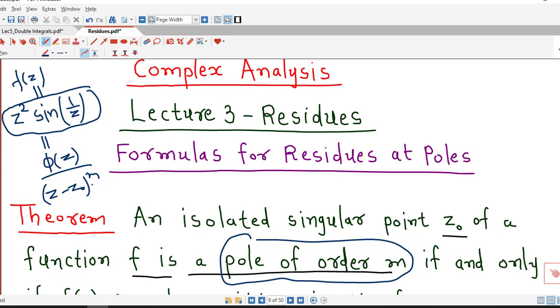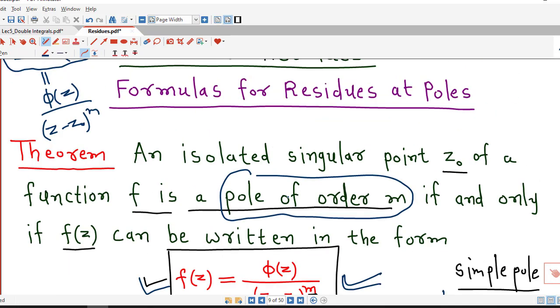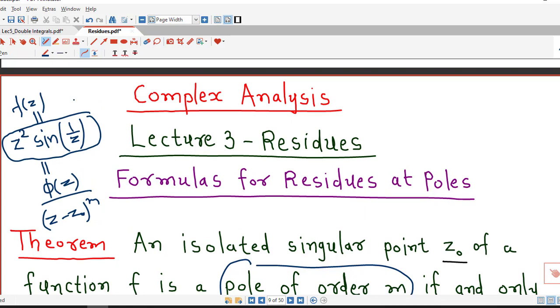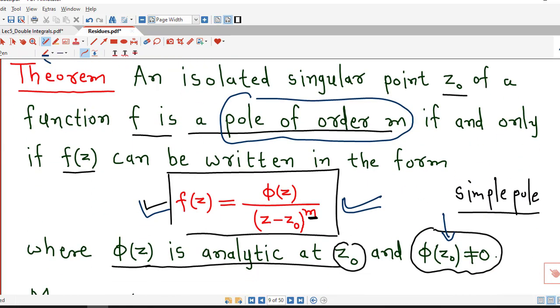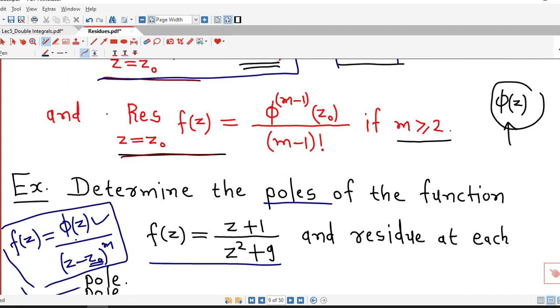So this formula is helpful if our function can be written in this form. If we cannot write our function in this form, then we have to go by Laurent series. There is another formula also for the residue of a function f of z at a pole that we will discuss in the upcoming lecture.